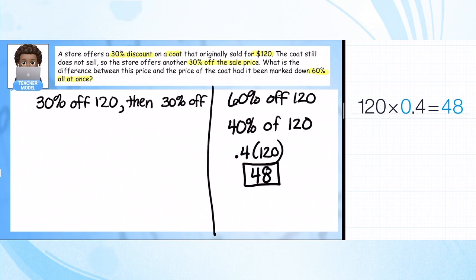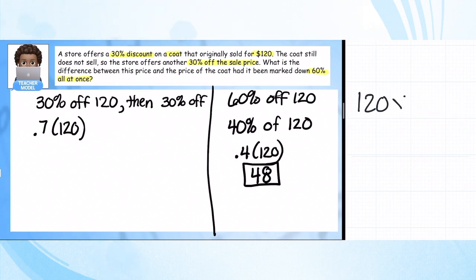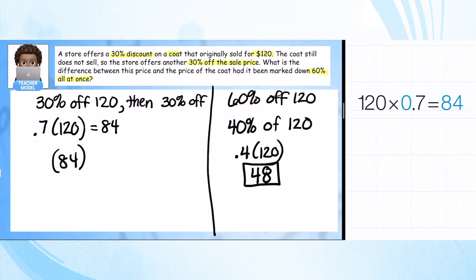Let's look at the other situation. They took 30% off, so that means I want 70% of 120. And then I want to figure that number out first, and that's going to be 120 times 0.7, $84. And then we're going to take this $84 and they're going to do it again. They're going to take 30% off again. So what is 70% of 84?